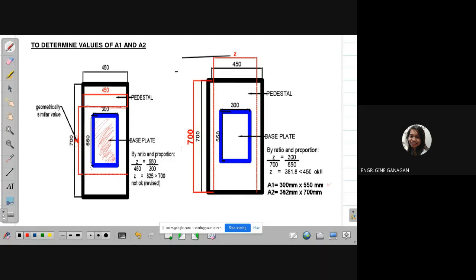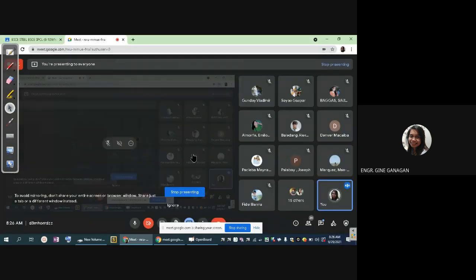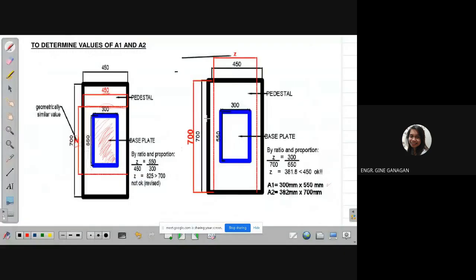So, dininote ko yan as D. And then, by ratio and proportion, that is D over 450, ito yan, is equal to 550 over 300. So, pag sinolve yan, ang value ng D natin is equal to 825. Okay? So yung D natin is 825.